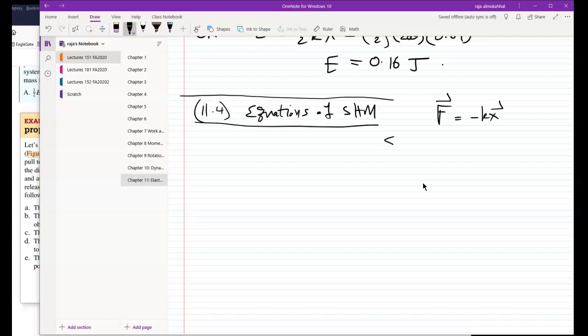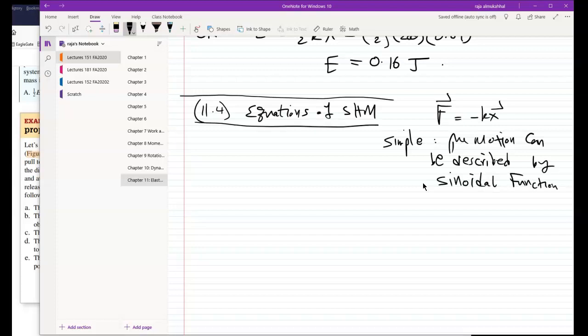Okay, so the word simple here means the motion can be described by a sinusoidal function. When we say sinusoidal, it means sine or cosine. Okay? That's really the meaning of the word simple. Simple harmonic motion means it can be described by that.